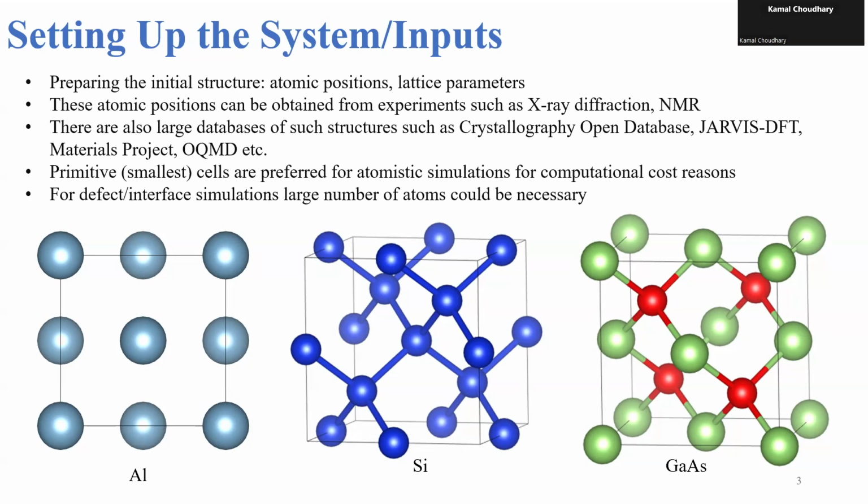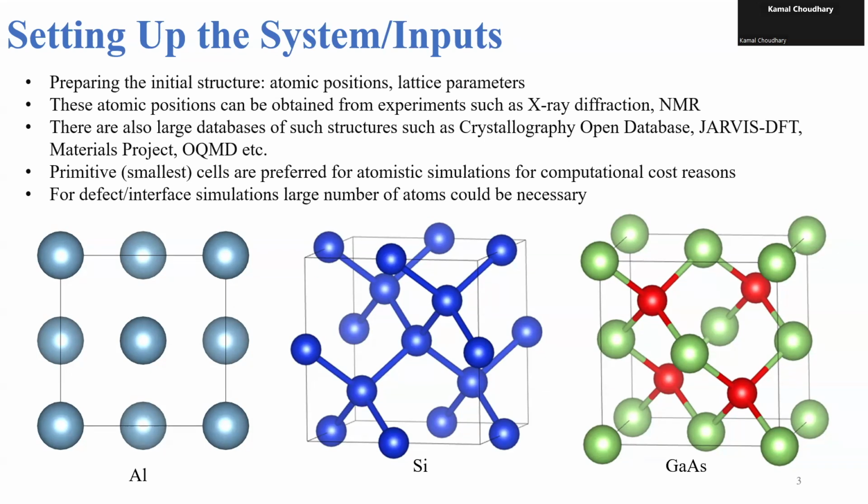Atomic positions are 3D coordinates in space, so x, y, and z coordinates of each atom. And lattice parameters, especially for solids such as aluminum, silicon, gallium arsenide, nickel aluminum alloy, and so on, are repeat units after which they can be repeated infinitely. So that's important to know.